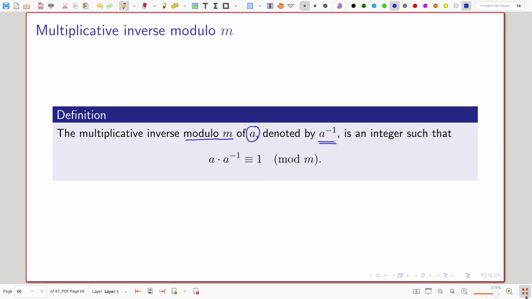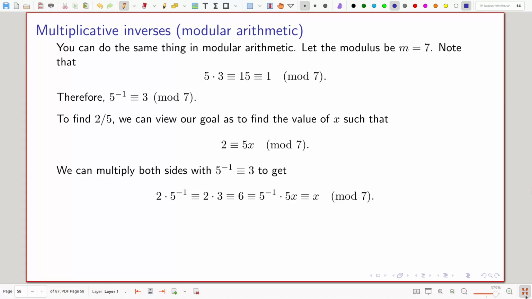But if our goal is to solve equations, for example, suppose you want to find the value of x in these equations: what multiplied with 5 modulo 7 gives you 2? We can solve it without having to divide, right?